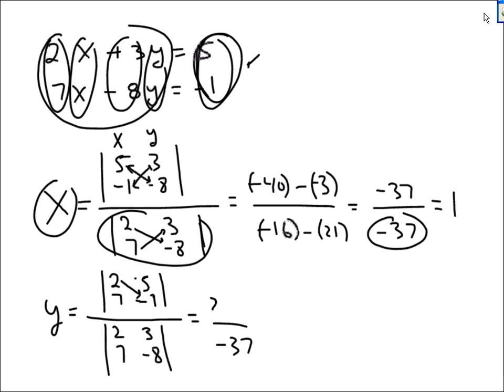And you get 2 minus 35, which is -37, over -37, which is 1. X is 1, y is 1. Let's do one more. The denominators never change. It's the numerator that changes. When you're solving for x or y, the denominators never change.